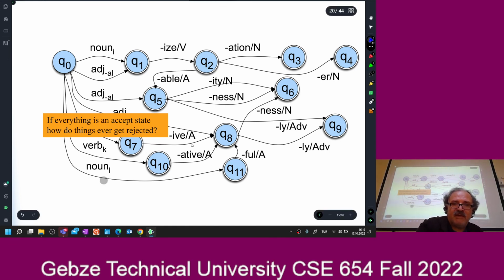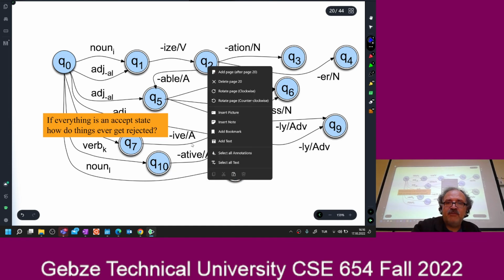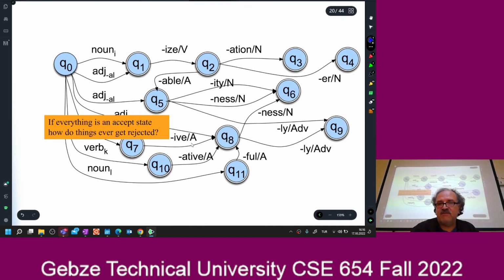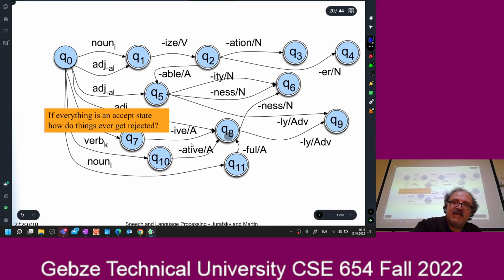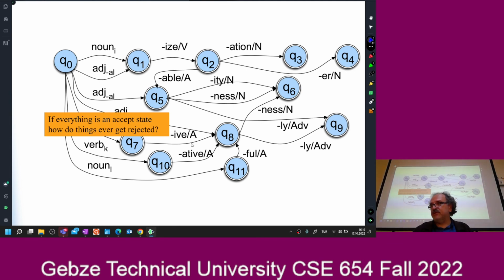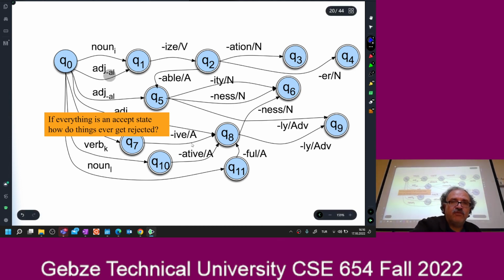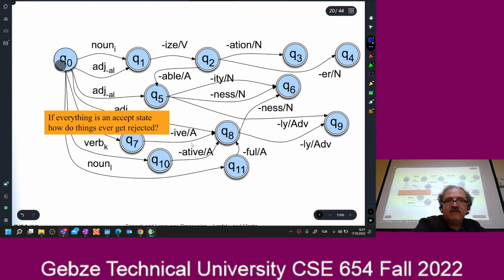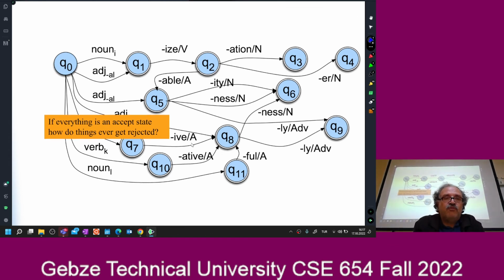If you are one of them, I accept you. And if I put -ful at the end, now you become an adjective. And if you put -ness at the end, now you became a noun again. Okay? So you are starting with a set of known words and verbs. If you are not in one of them, then this will reject you at Q0. You will not move from Q0. You will stay at Q0.